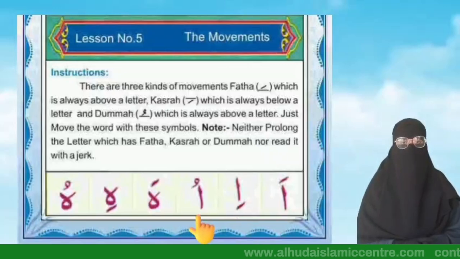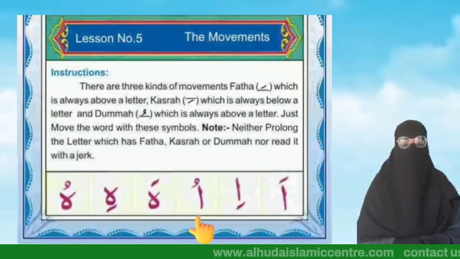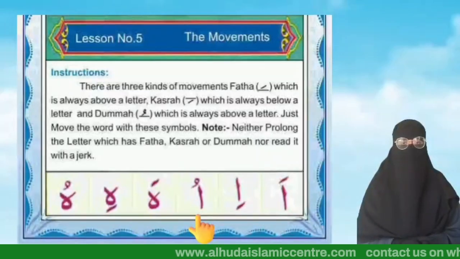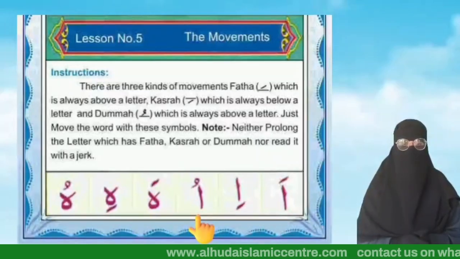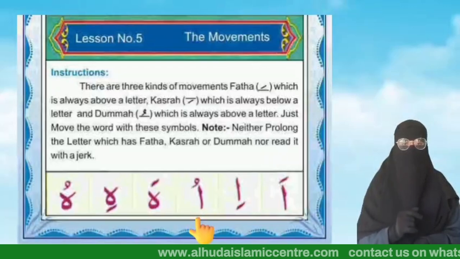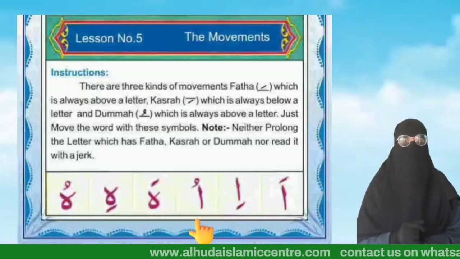Good. Now the next one you can see is a wow-like shape above the letter, and we mentioned it earlier. We call this movement damma, and now you will pronounce it as hamza damma, u, by rounding your lips. Hamza damma, u.